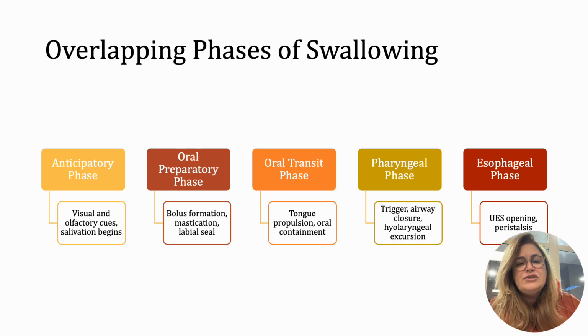Okay, so we know that much of the literature and many books out there mention oral phase, pharyngeal phase, and esophageal phase, and the ones I'm most used to have oral preparatory phase, oral, pharyngeal, and esophageal phase. But there's also some literature now mentioning what we call the anticipatory phase.